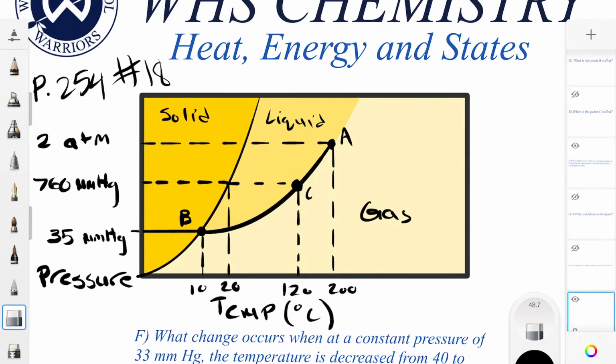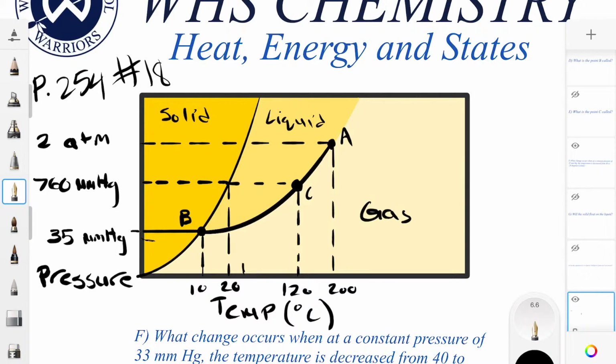So 33 millimeters of mercury is right below 35, so right about here, I would say, on the diagram. And now if we start at 40 degrees, which is probably right after 20 on this diagram, it decreases all the way to negative 20 degrees. So now we have to try and find what phase change occurs.